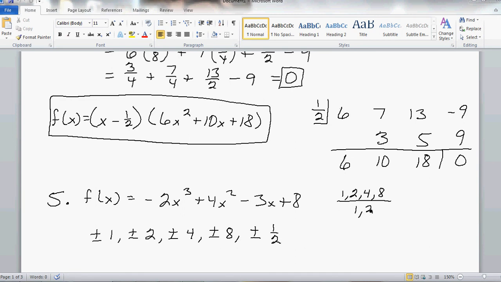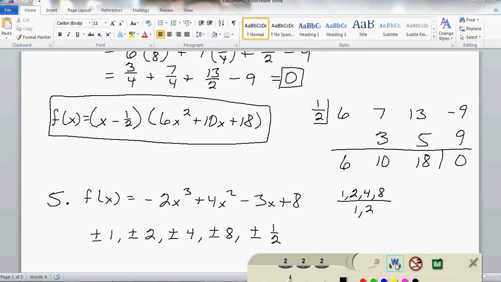We've already said that. Plus or minus 4 over 2, which is 2. We've already done that one. Plus or minus 8 over 2, which is 4, which we've already written. So these are all of the possible rational zeros for number 5.